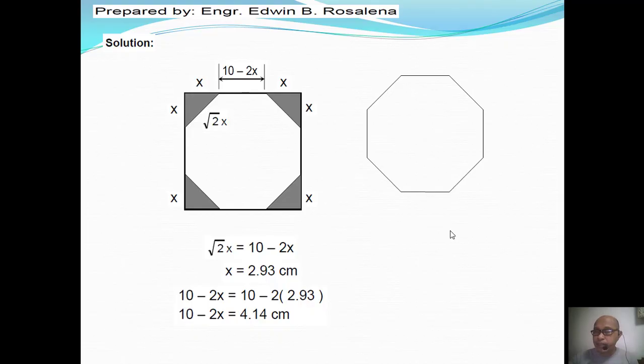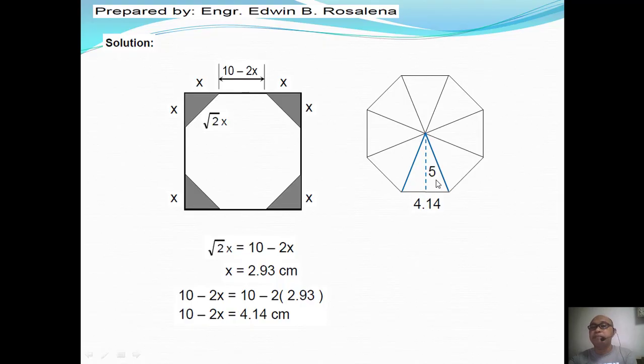Okay, so we have that here, no? Let us say we cut it into triangular parts. Of course, we have 8 equal triangles because we have a regular octagon. So I will consider one triangle. This side is 4.14, and since the distance across is 10, from the center, perpendicular to the side, or what we call the apothem, this is equal to 5.